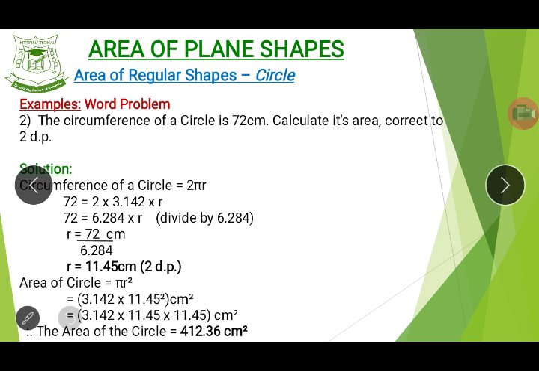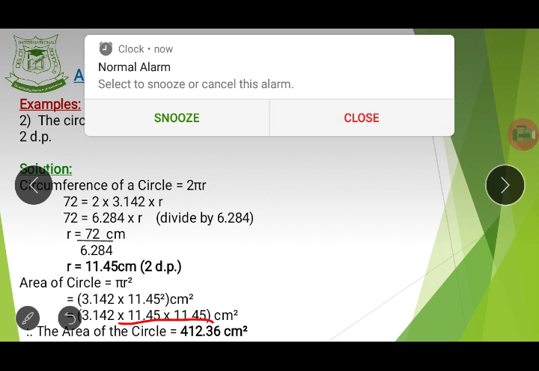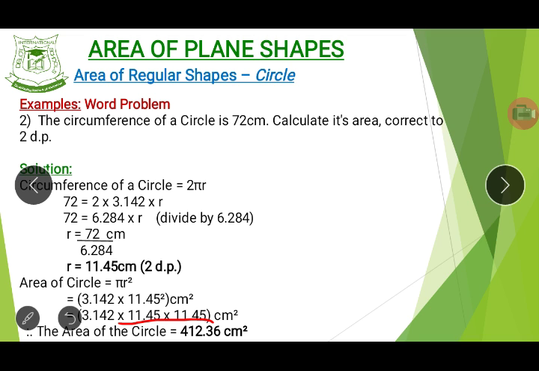When you expand that, that gives us 11.45 times 11.45, centimeters squared. And then the area of the circle, when you multiply all of that together, is 412.36 centimeters squared.